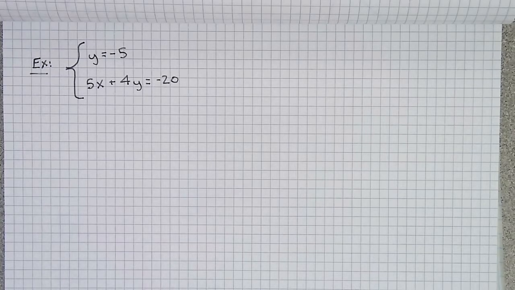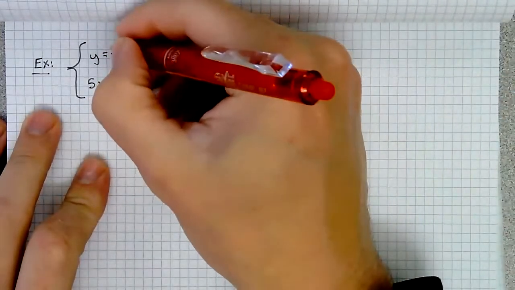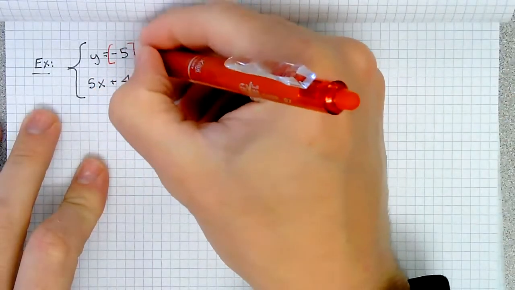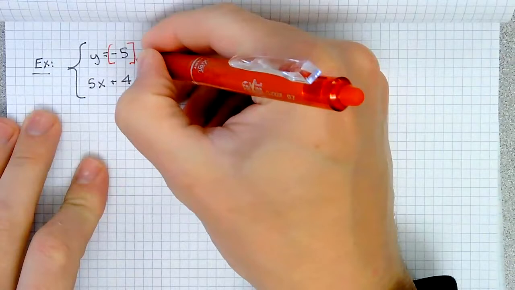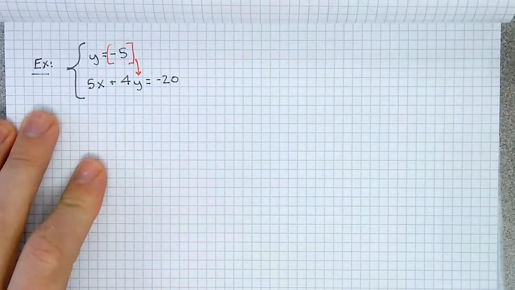All right, so y on a side by itself is actually fairly easy because there's no x value, so we're just taking that in and plugging it in for our y down here.